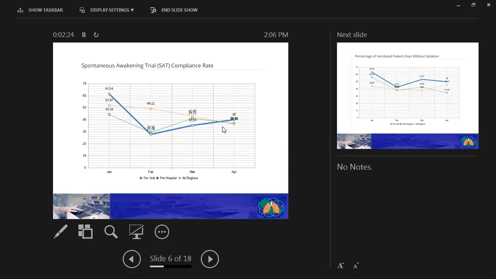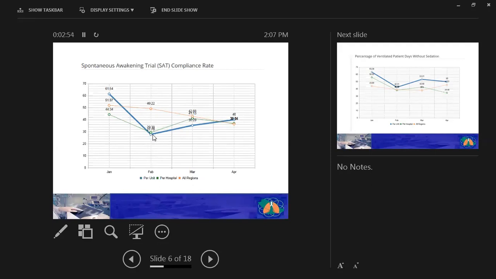In patients who should have sedation interruption, in our ICUs generally it is even less than 50%, it's like 38%. The green line is from one of the hospitals, which has multiple ICUs, and the blue line reflects your ICU. I accessed this through one of the ICUs, so this will be for a particular ICU.